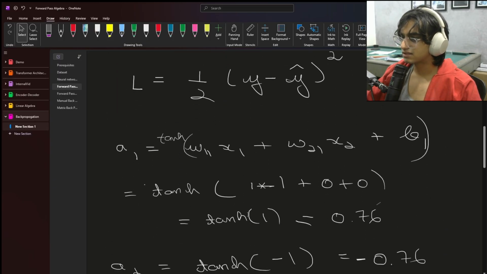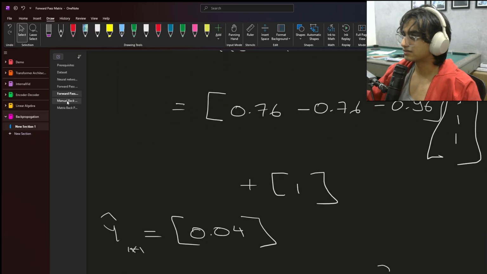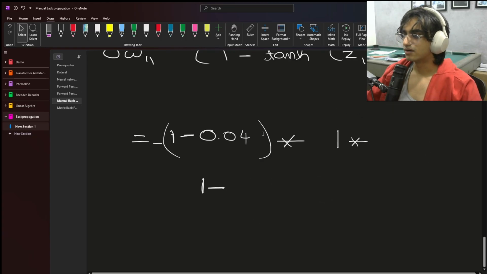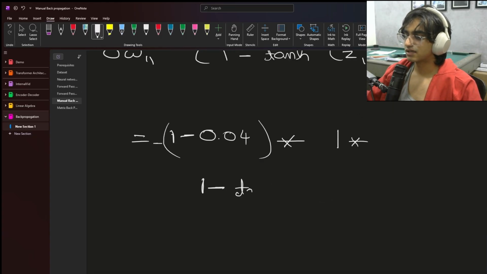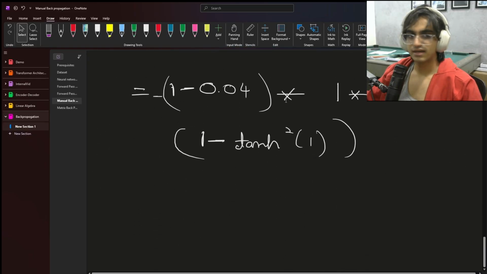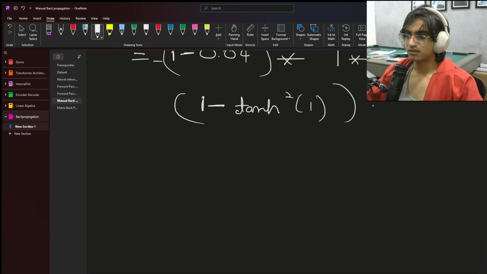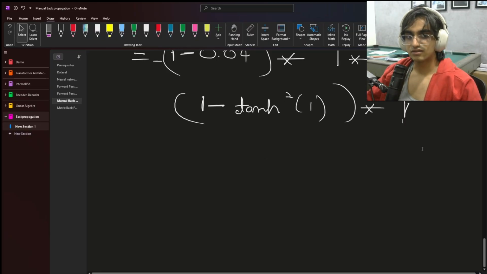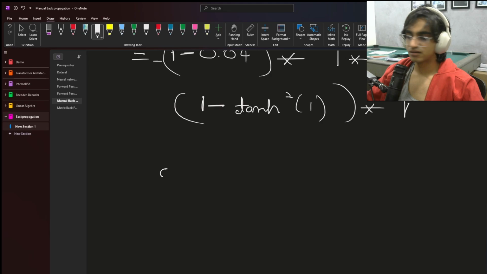We have calculated A1, Z1 is just 1 again. So 1 minus tanh squared of 1, multiplied by our input x1, which is also just 1. So we get this to be approximately negative 0.4055.